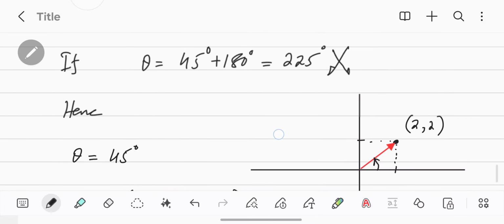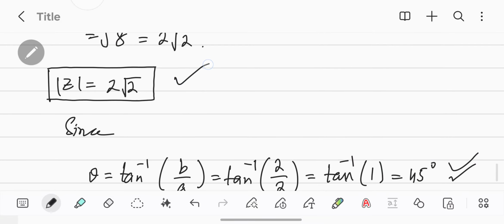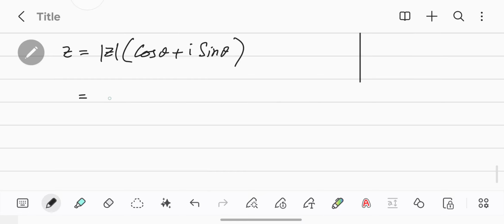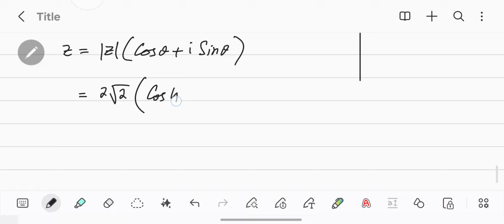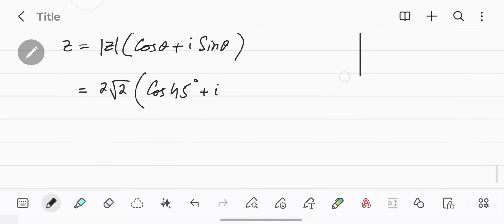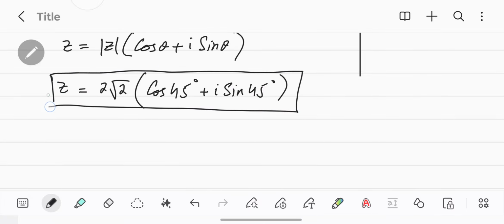Since the modulus of z, which we have found, is 2 square root 2, I will plug this value here: 2 square root 2 times cosine of theta, and theta is 45 here. I will plug in 45, plus iota sine theta. Again, theta is 45, so I will plug it here. This is the trigonometric form of my complex number.